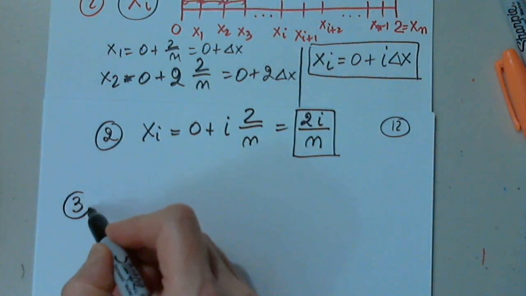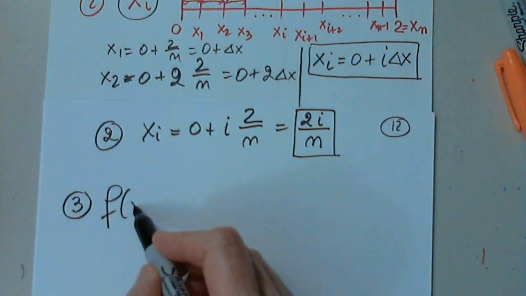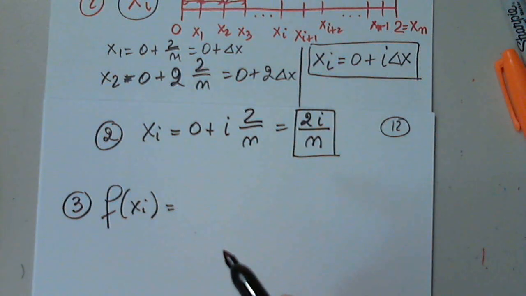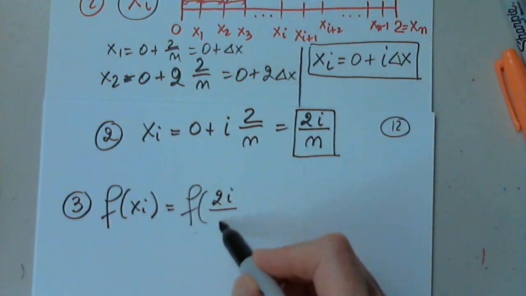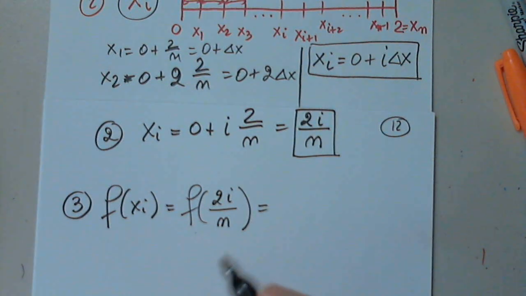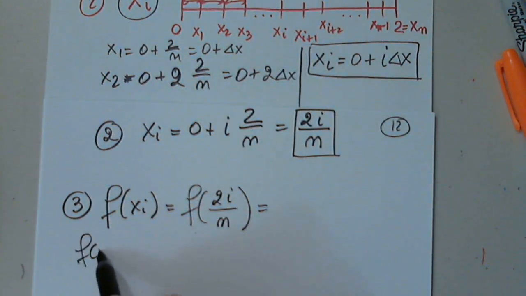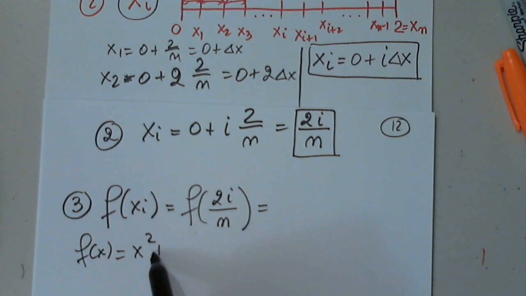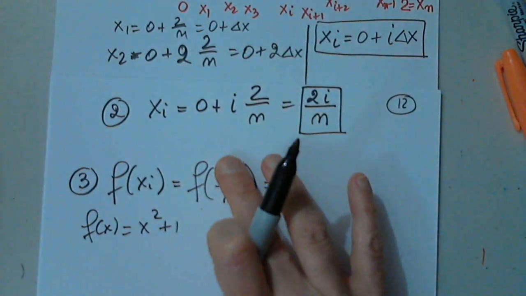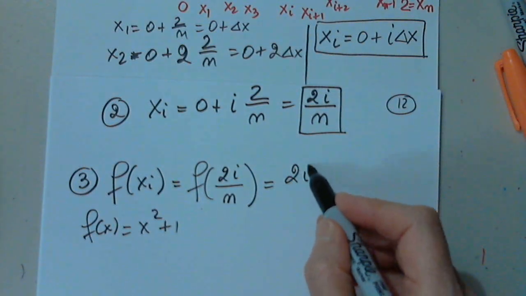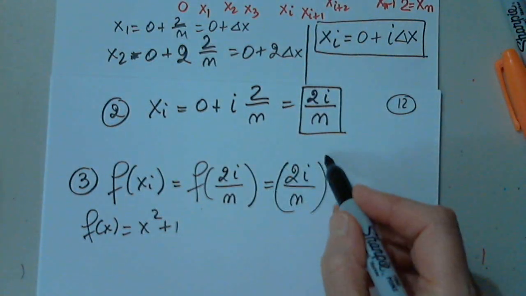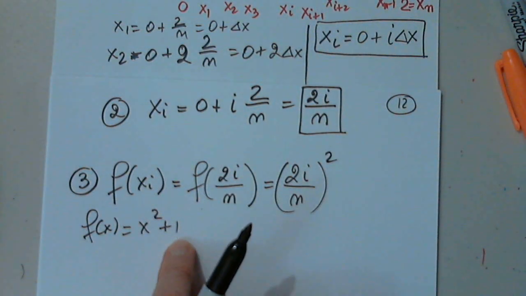Finally, last prep, f of xi, which is f of 2i over n. And remember, I'm going to write the function here one more time, x squared plus 1. I plug this in here. So it's 2i over n everything squared plus 1.